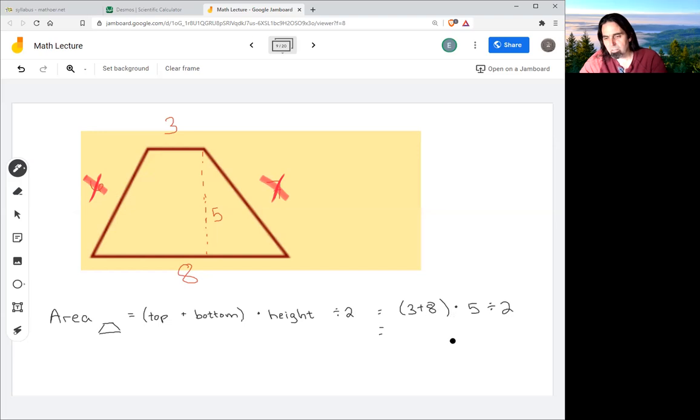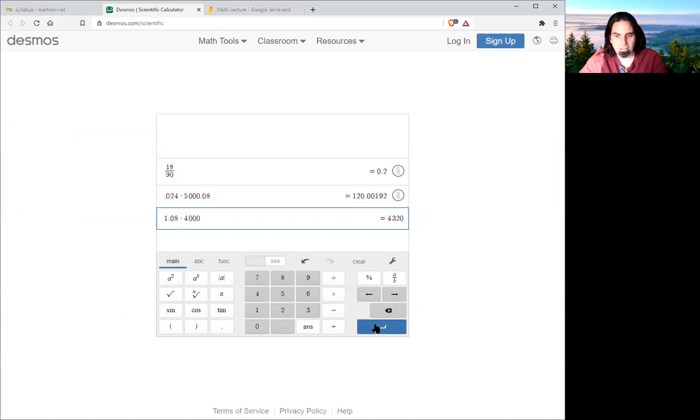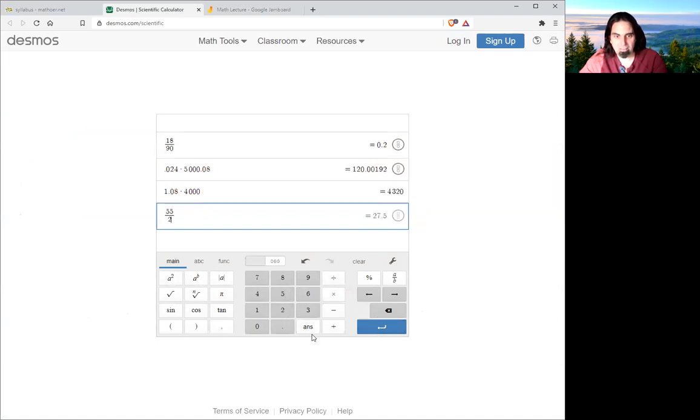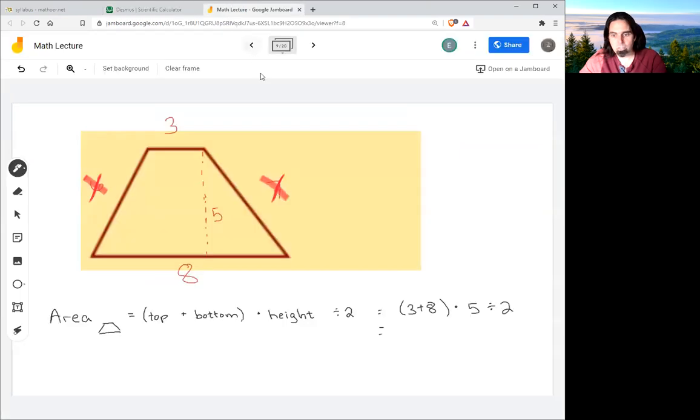So what is that? 11 times 5 is 55 divided by 2. 27.5, my tired brain. Okay. And it's going to be square somethings. I forgot to label this, but square units. Feet, meters, miles, whatever they measure.